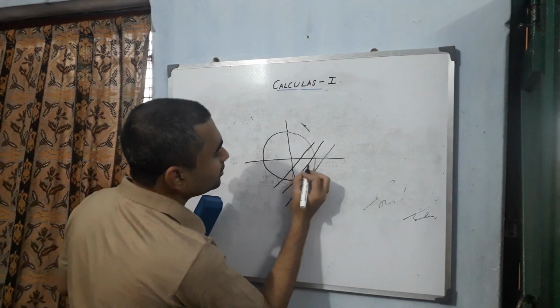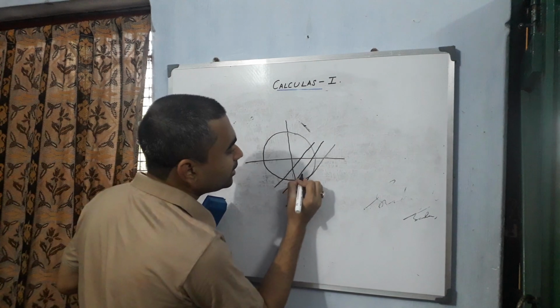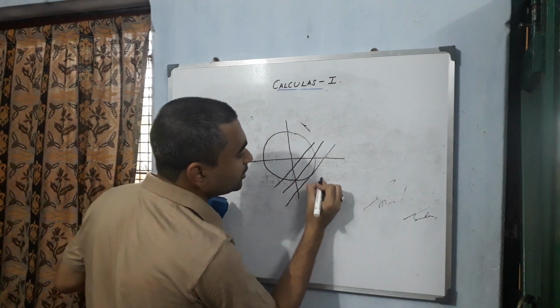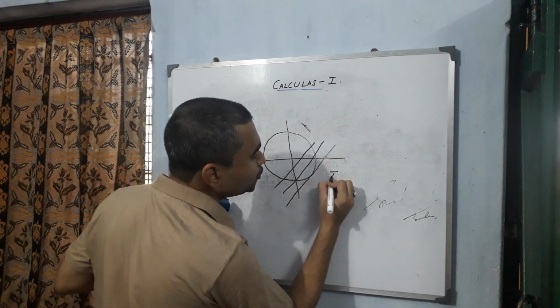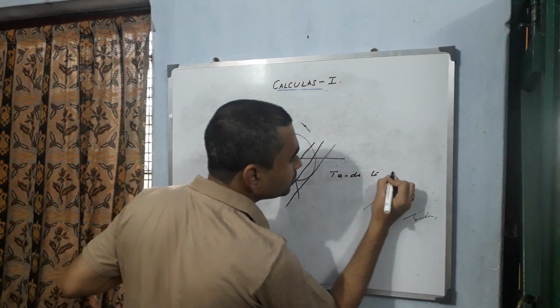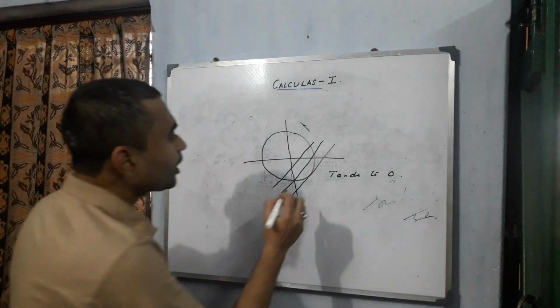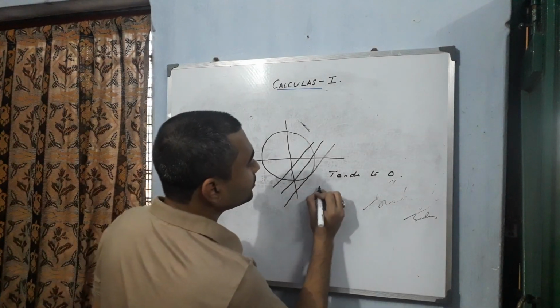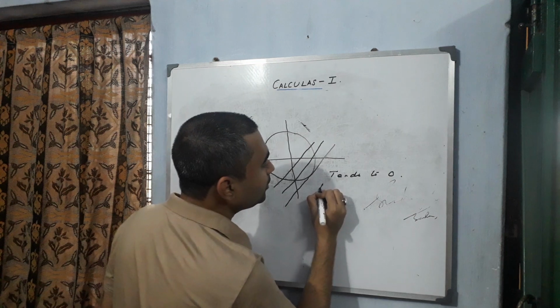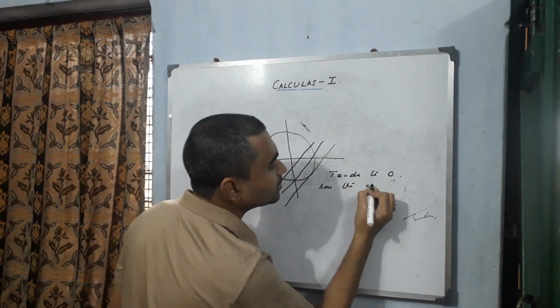Now from here, if these are called secants, in case the secant becomes 0 as it tends to 0, we get how the circle changes.